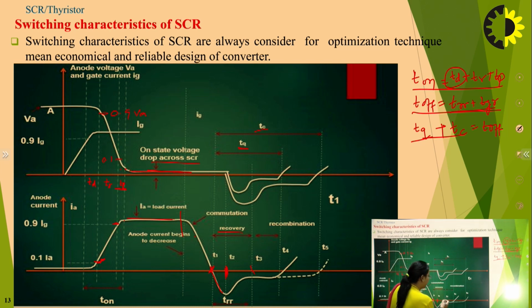Now excess carriers at the junction J2 will be removed during the time T3 to T4, and it is possible only with the help of recombination. The excess carriers from the junction J2 can be removed only by the recombination process, right? During the time when the reverse current is built up in the circuit, a reverse surge voltage is also developed in the circuit, right?